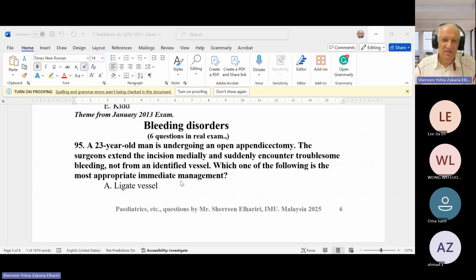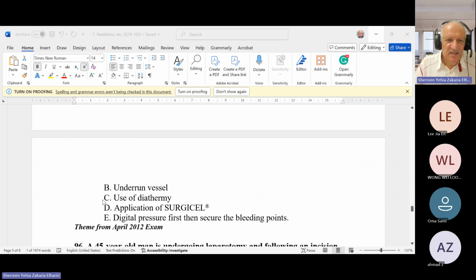So this patient extends the wound and cuts the muscle. Sometimes when you extend the appendicectomy McBurney incision, you cut the muscle, and if you cut the muscle, you have a lot of bleeding. Ligate the vessels? We did not find identifiable vessels. Underrun vessels, use diathermy, application of Surgicell, digital pressure first, then secure the bleeding point.